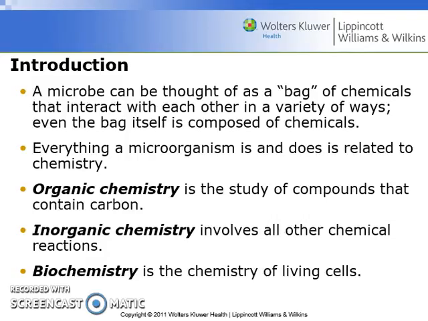Chemicals are chemical elements such as nitrogen, such as carbon, such as hydrogen, such as oxygen. All of those chemical elements are just thrown together in this bag. And in order to get a functional organism, those chemicals have to have a certain type of structure to them to enable the microorganism to thrive and to function. And so everything that a microorganism is and everything that it does is related to chemistry.